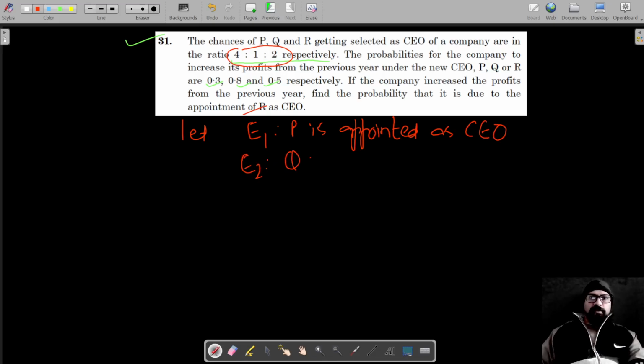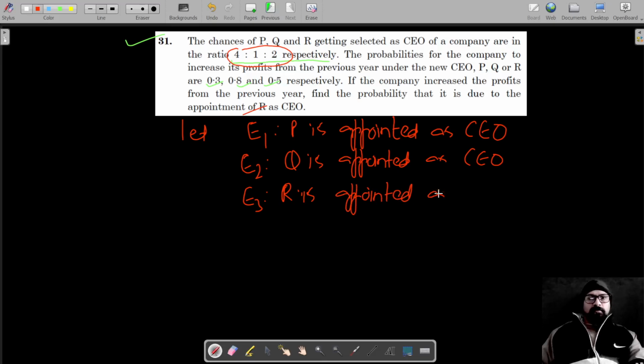E2 be the event when Q is appointed as CEO. And E3 the event when R is appointed as CEO.